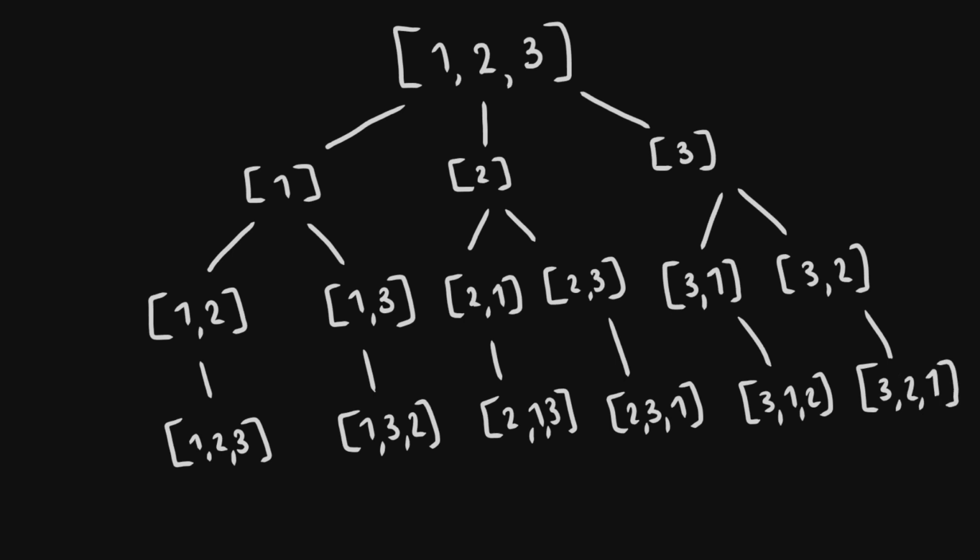And you can see that we have 6 permutations, and these are all the permutations for the given integer array nums. Well, from this tree, I think it's pretty simple on the intuition.